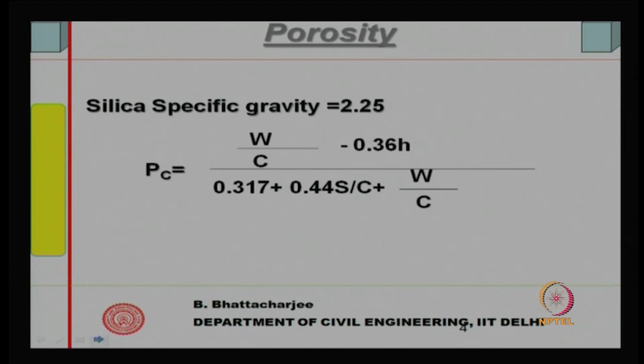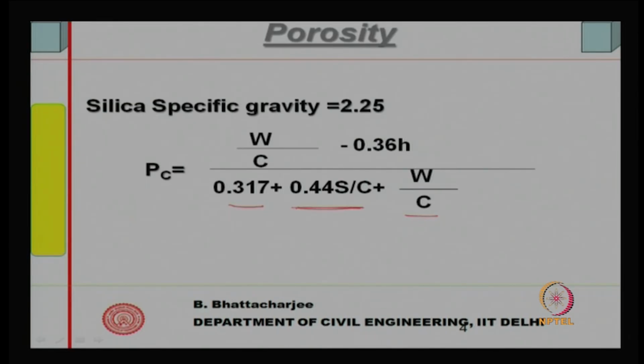Now, the specific gravity is 2.25 and, using the same kind of Powers model as we have done for cement, one can show that the capillary porosity will be given by W/C minus 0.36 H. This was already there, if you recall, in the case of cement alone.